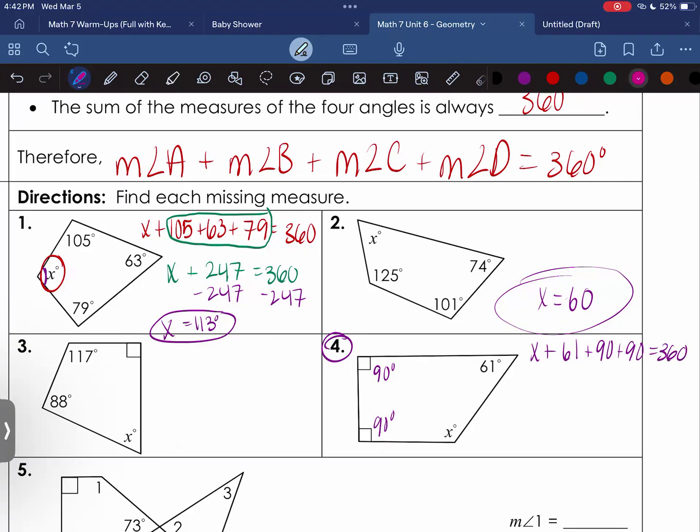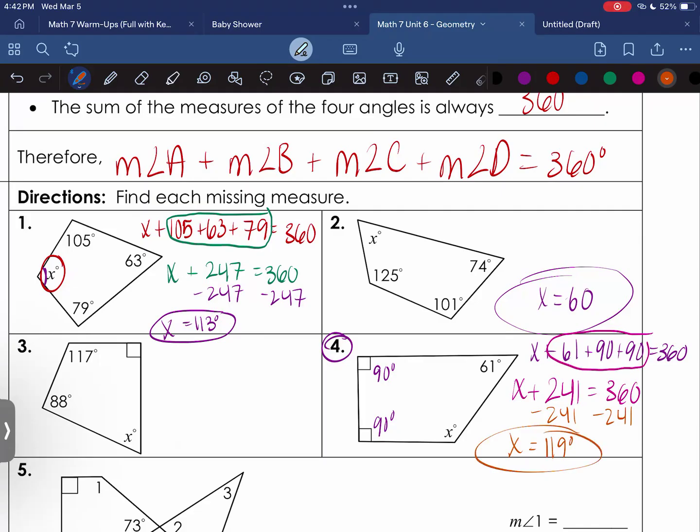All 4 angles add together to get 360. Combine like terms by adding these constants together. We would get x plus 241 equals 360. And then we would subtract 241 from both sides. We end up with x equals 119 degrees.